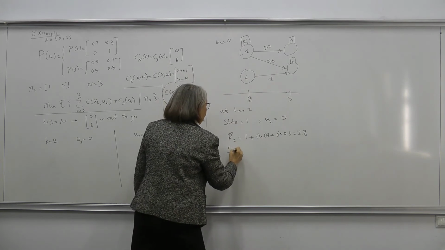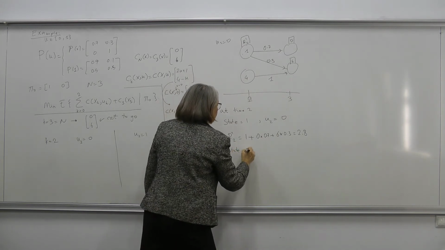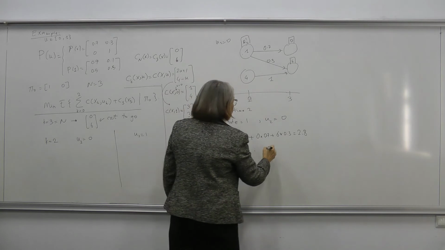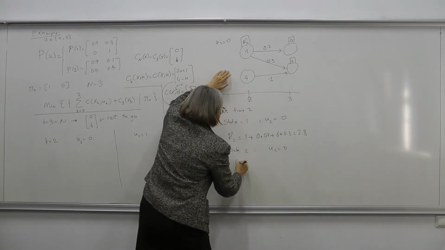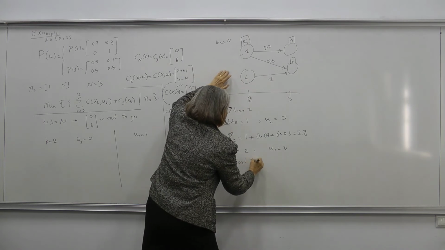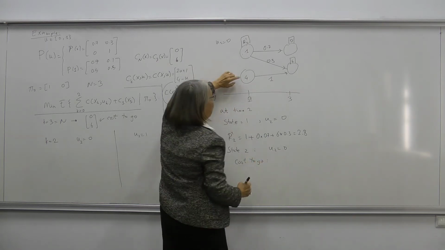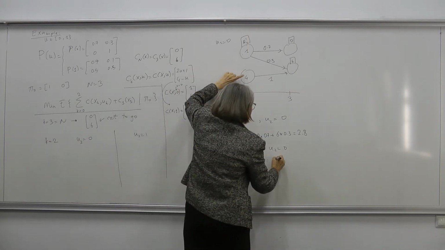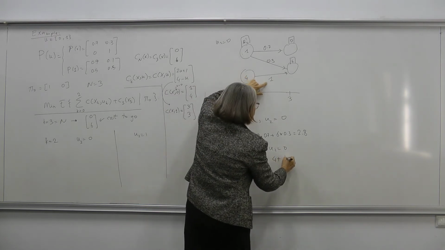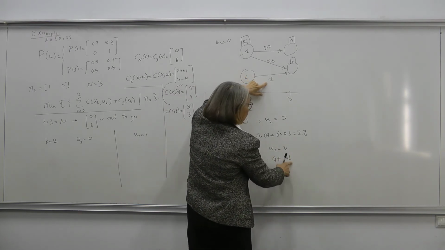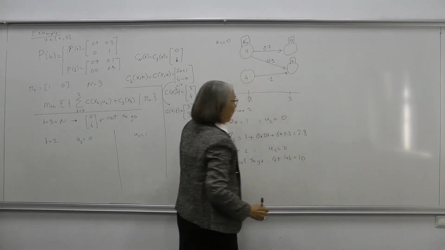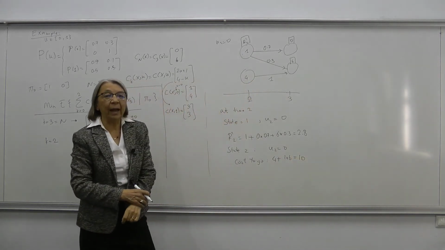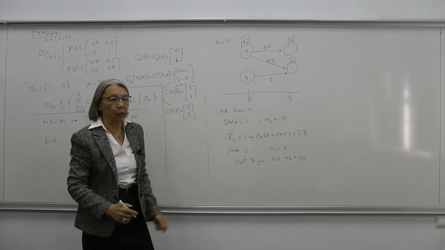Therefore, if the state is 2, and U2 is again 0, then the cost to go will be equal to 4 plus 1 times 6, that is the expected value, and which is equal to 10. So we have done the computation for U equal to 0.